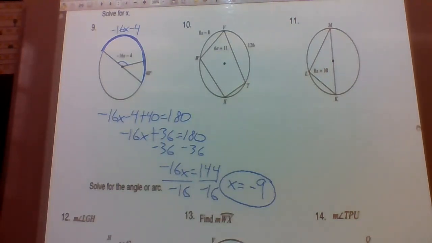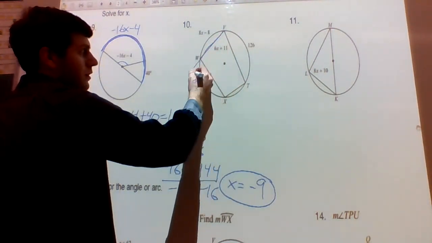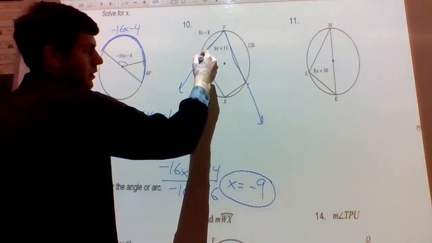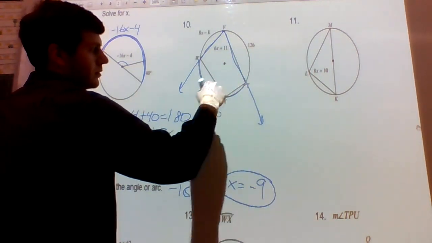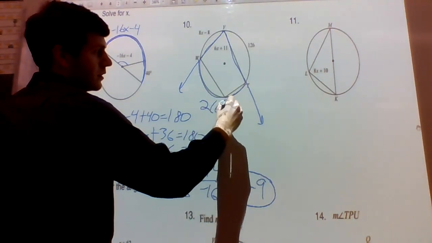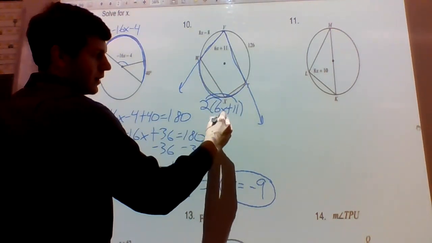Okay, number 10. This is an inscribed angle right here. We know the measure of the intercepted arc from an inscribed angle is going to be double. So the measure of the arc is going to be twice. So 2 times 6x plus 11, which is, if we distribute, 12x plus 22.